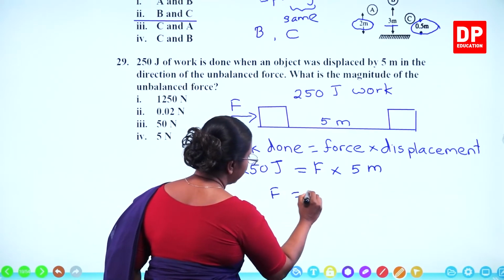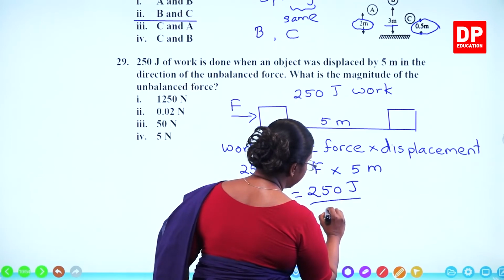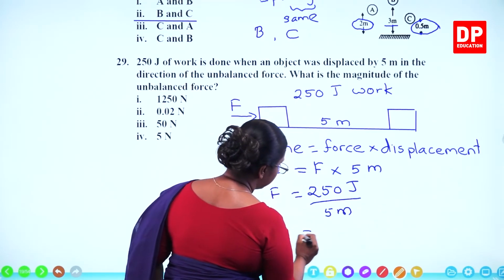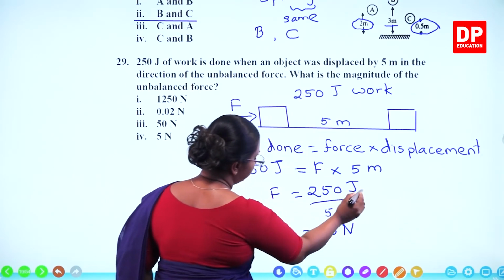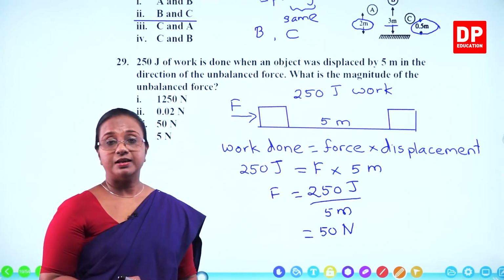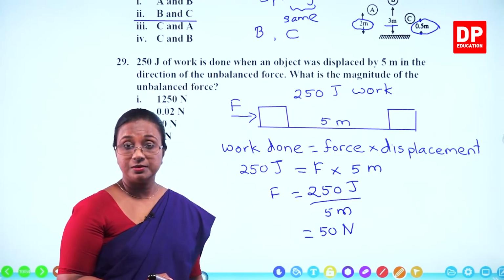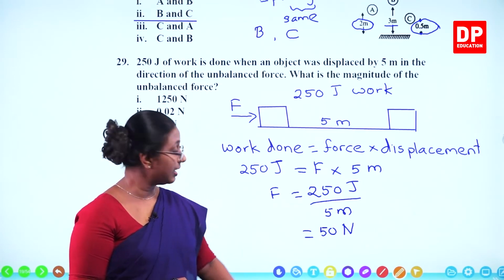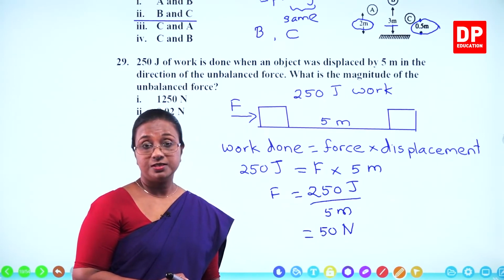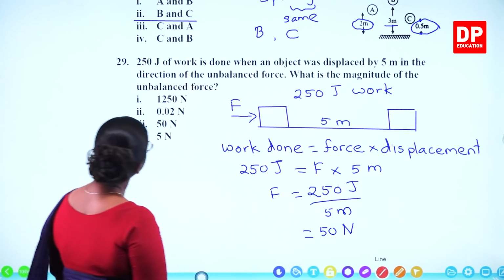If you rearrange, 250 joules divided by 5 meters is going to be 50 Newton. 250 divided by 5, 50 Newton. Joules is what? Newton meters. So Newton meter divided by meter, you get the answer in newtons. 50 newtons. That is the answer.